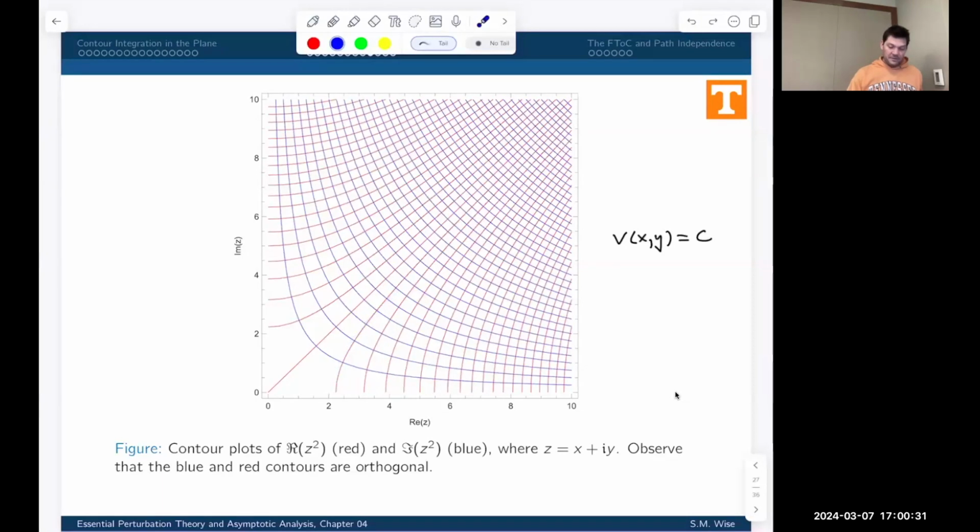So the blue curves are the constant contours of v. They keep going up and up. So this is going in the up direction for v. But I'm plotting over top of that these constant contours of u. And if you follow the constant contours of u, these are the paths of steepest ascent. I'm getting larger and larger values of v. Conversely, if I come down in this direction, these are the paths of steepest descent. It depends on where I am, of course.